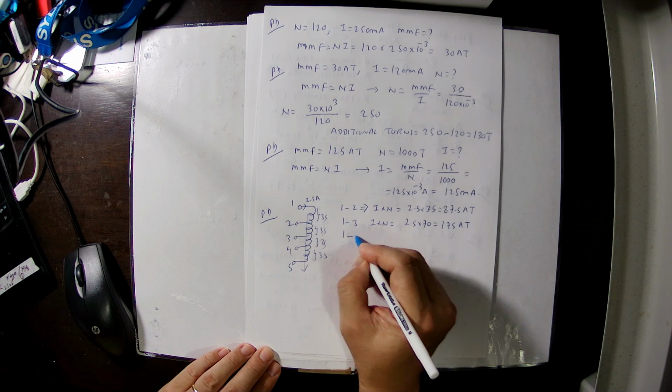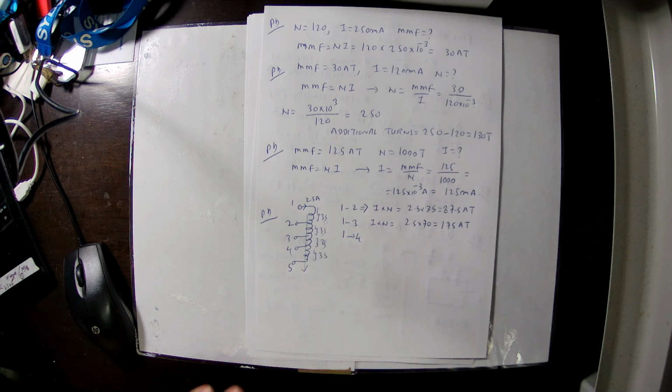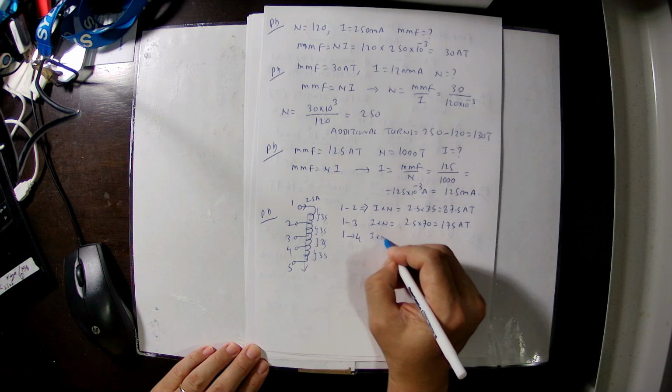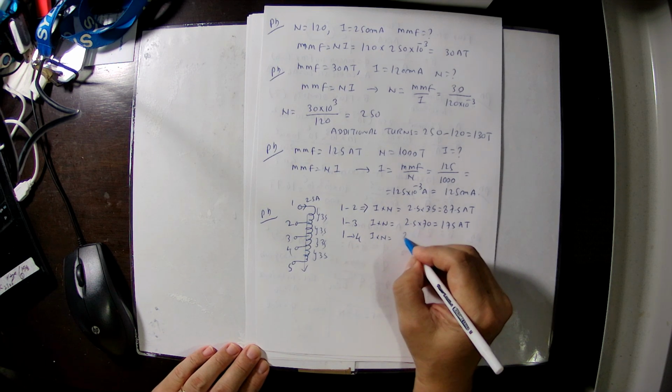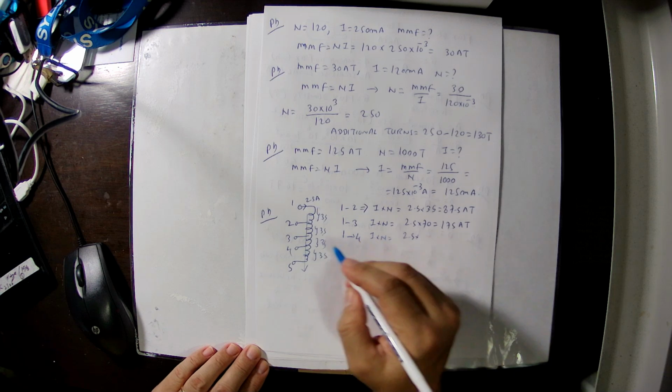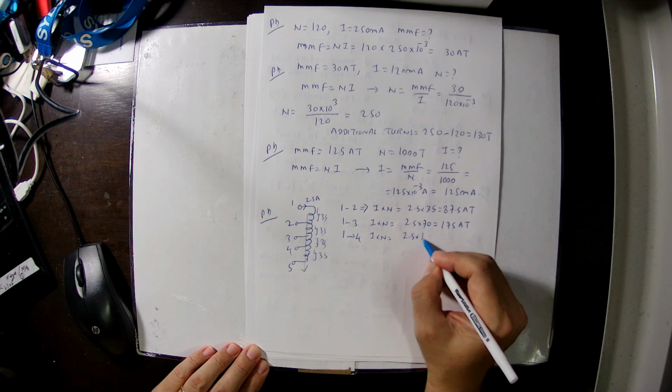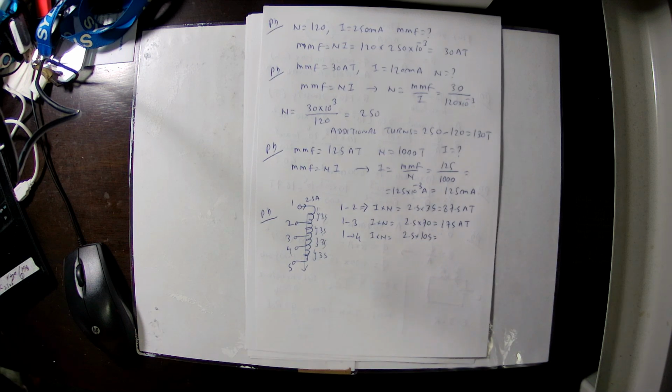Then 1 to 4 is I into N. The current is 2.5, the number of turns is 105. So 2.5 multiplied by 105 gives 262.5 ampere turn.